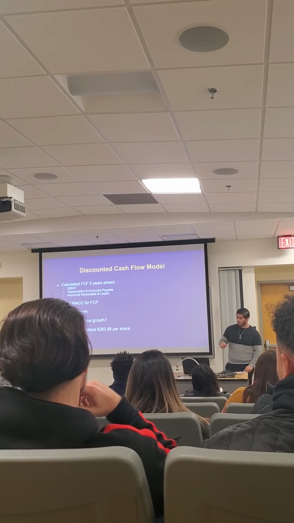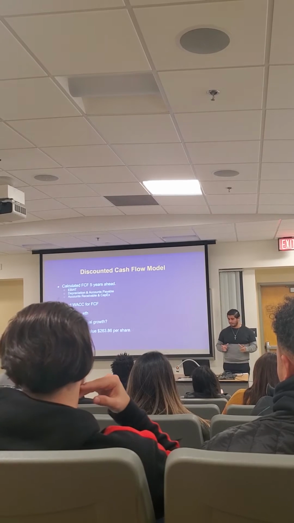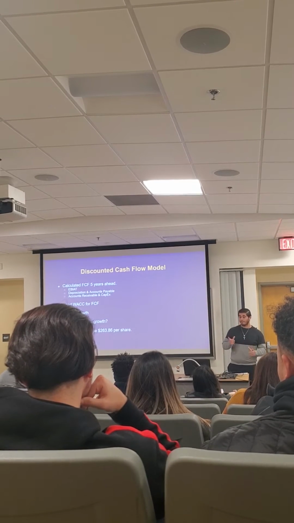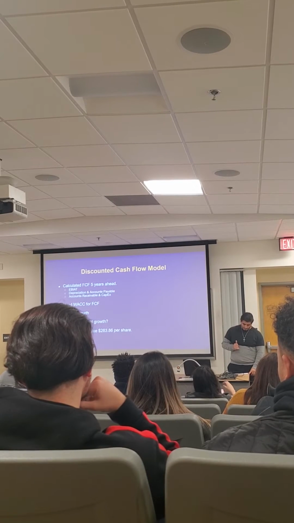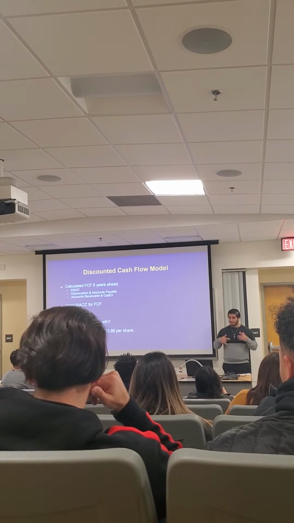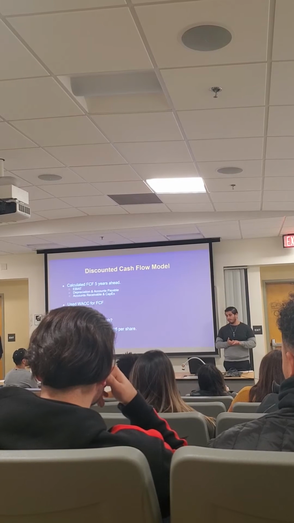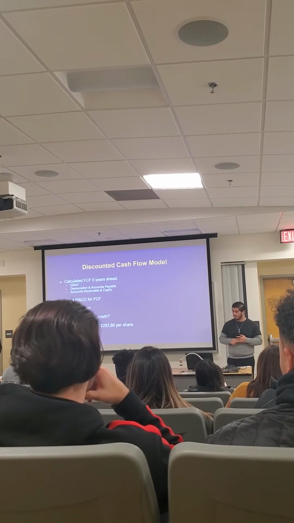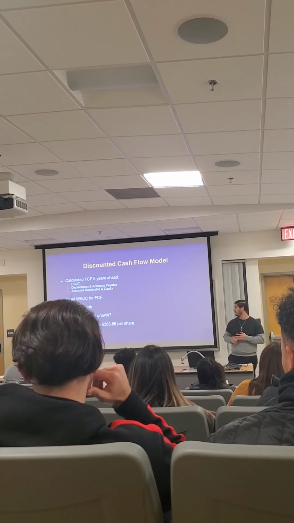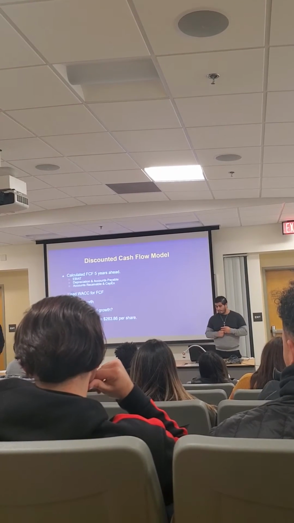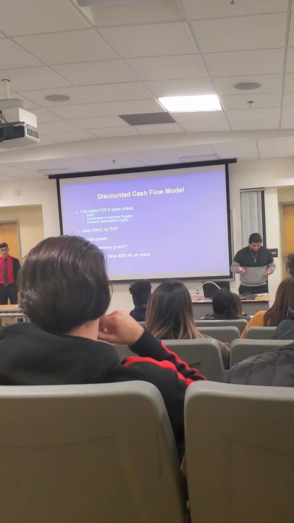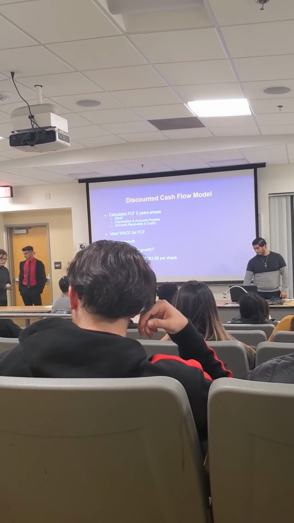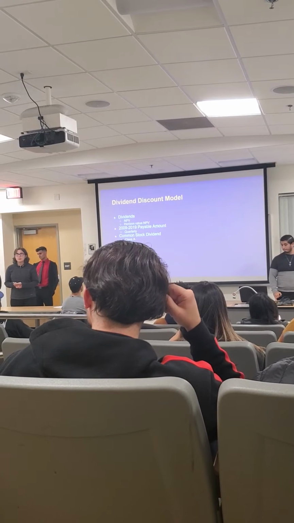So we used a 3% terminal growth because that is the historical inflation rate. And so using the discounted cash flow model, we came up with the intrinsic value of $268.86 per share. That's what we calculated. And next, I'm going to give it to Amelia to talk about the next model. I'm going to talk about the dividend discount model.